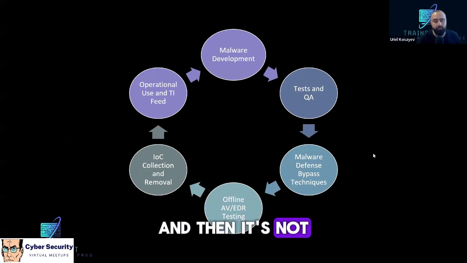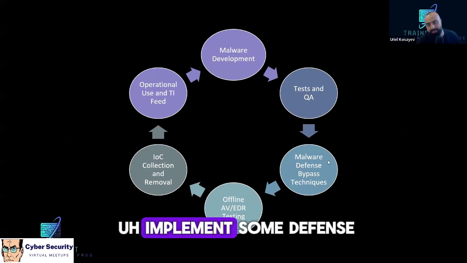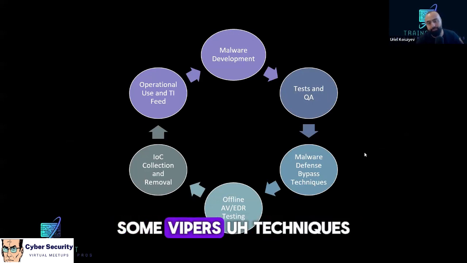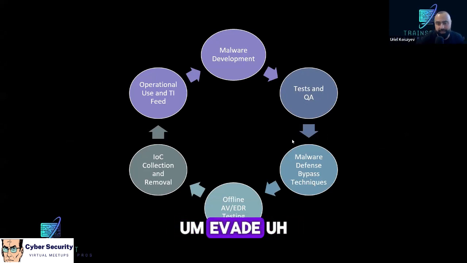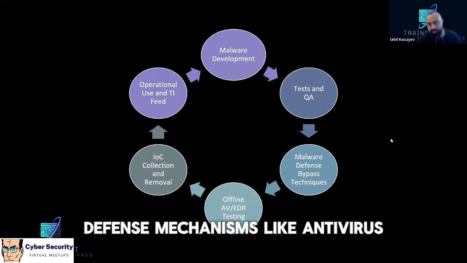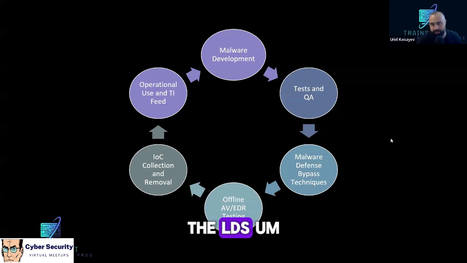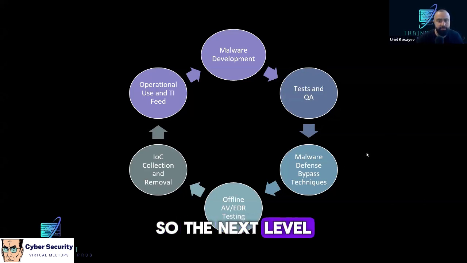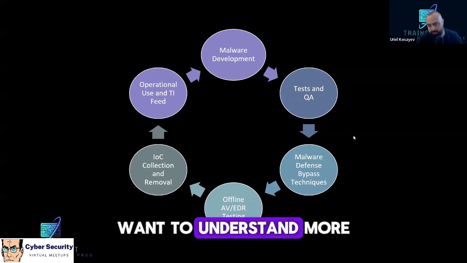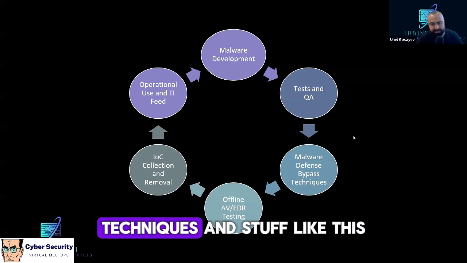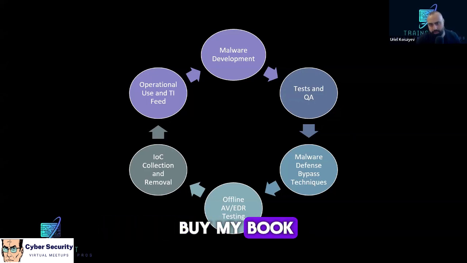It's not only that you need to develop the malware, but also you need to implement some defense bypass techniques in order to evade defense mechanisms like antivirus, EDRs, DLPs and so on. So the next level is to implement bypass techniques. If you want to understand more about how to implement bypass techniques, you can buy my book, Antivirus Bypass Techniques, and learn from there, of course.